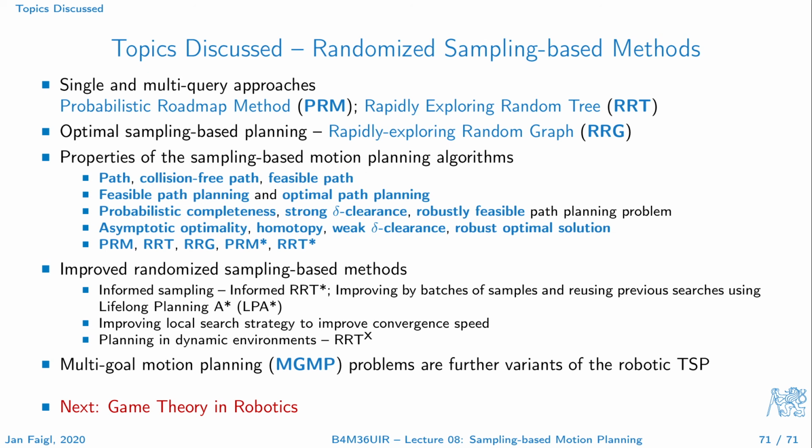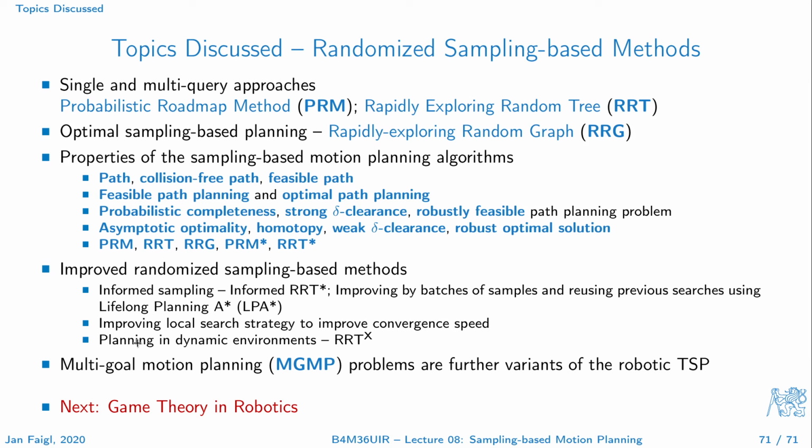You can employ a local search strategy to improve the convergence speed. But I will not ask you for the exam about details, only about the main principles that are involved. And this is a nice example of how you can improve the performance. And also if you have a new solution, a new algorithm, you can expect it will be improved maybe by myself or maybe someone else.